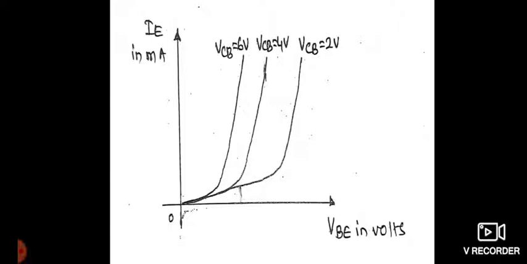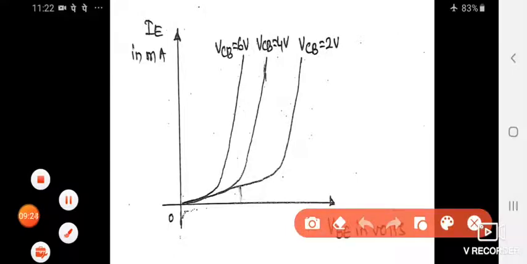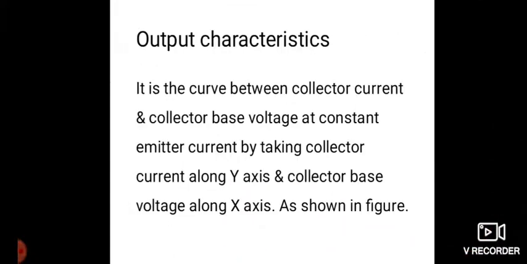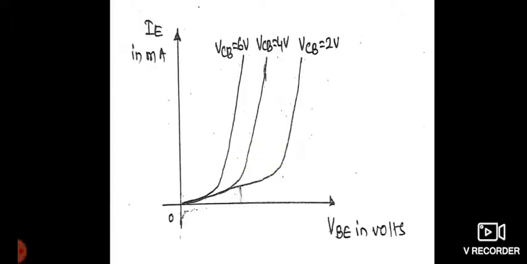See in this figure, VBE, the voltage between base and emitter, is taken along x axis, IE, that is the emitter current, is taken along y axis, and the input characteristics are similar to the forward characteristics of a diode. See here the knee voltage is different for different VCB. So, different values of VCB will give you different knee voltages.